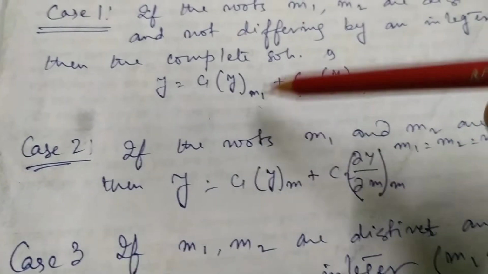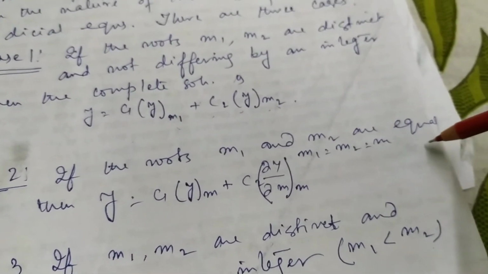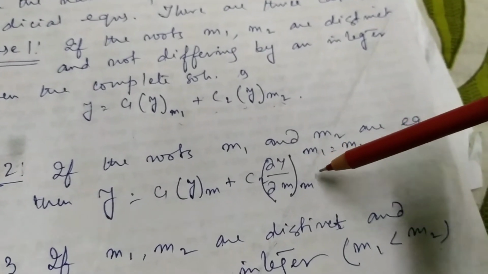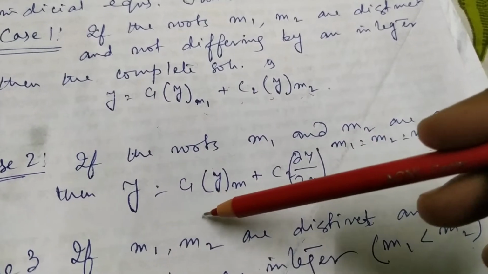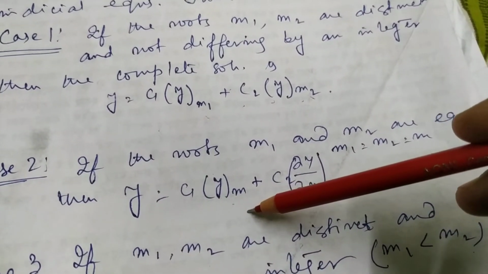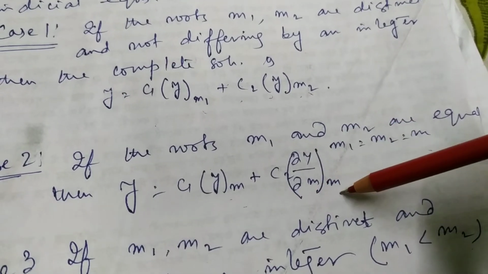Case 2: if the roots m1 and m2 are equal, that is, suppose m1 equal to m2 equal to m, then y equal to c1 y at the point m, plus c2 del y del m at the point m.